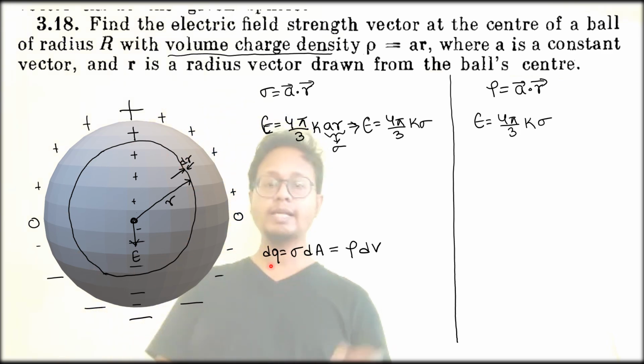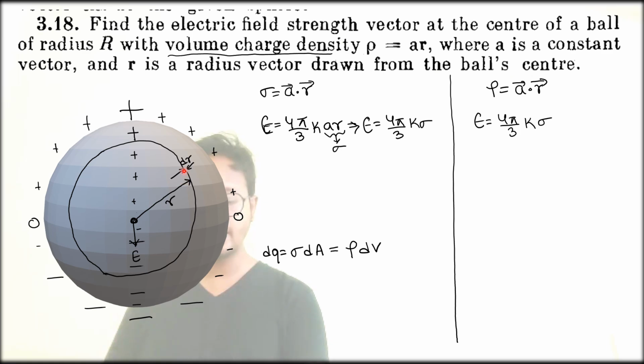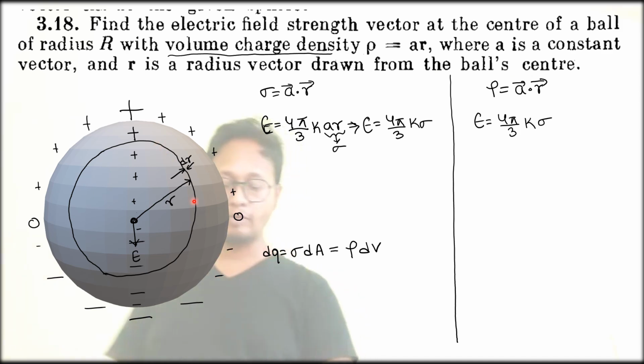Understood? In the previous question, the elemental charge in this shell was equal to sigma into dA, or surface charge density into elemental surface. In this question, however, it will be volumetric charge density into the volume of this shell. Now, what is the volume of this shell?